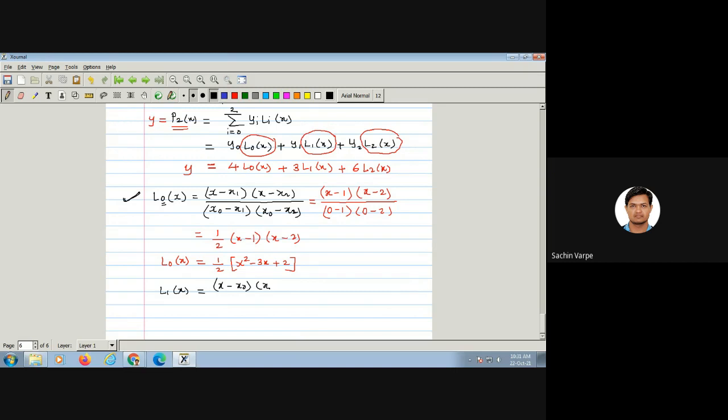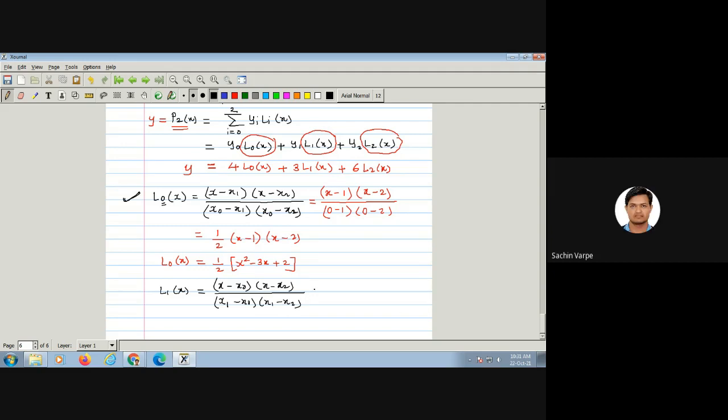And the next will be x minus x2. And how do I write the denominator then? I replace x by xi, where i is 1. So x1 minus x0, x1 minus x2. Right? Yes.